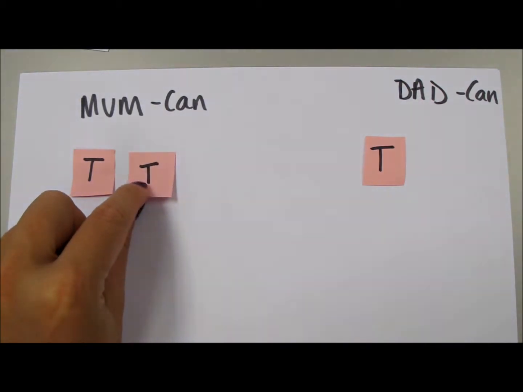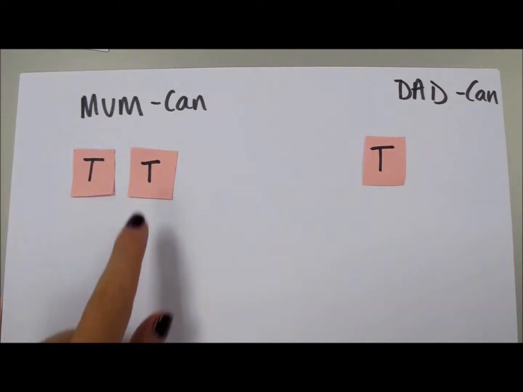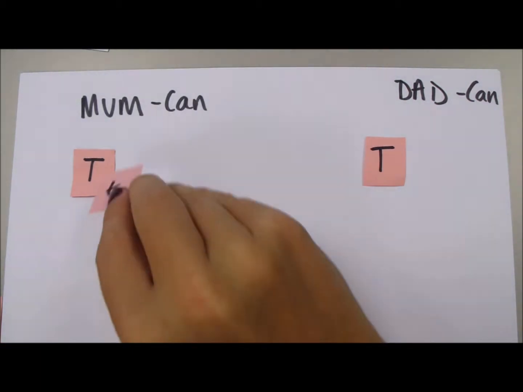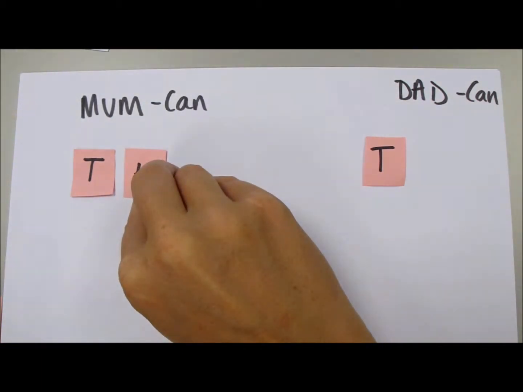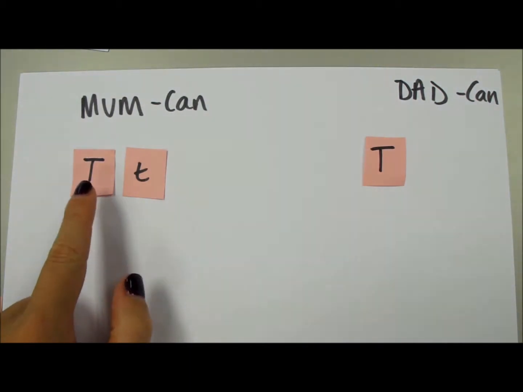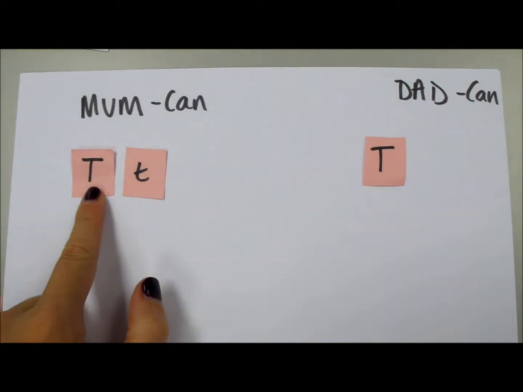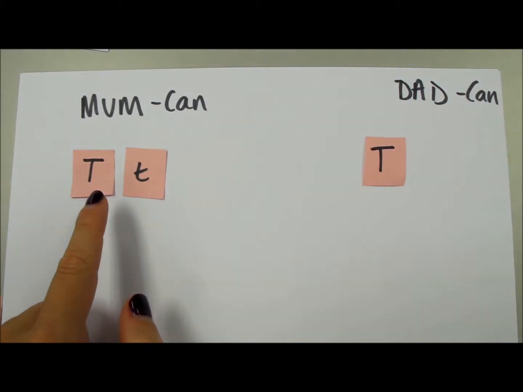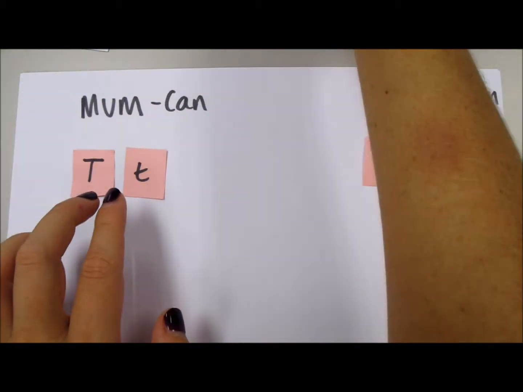They could have two can roll their tongues, or they could have a can roll their tongue and a can't roll their tongue. Because they have a can roll their tongue, they will be able to roll their tongue.